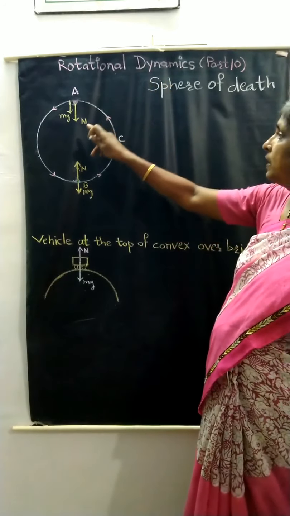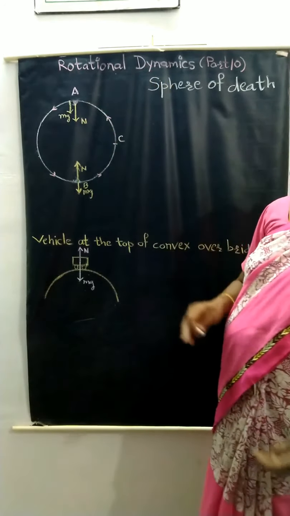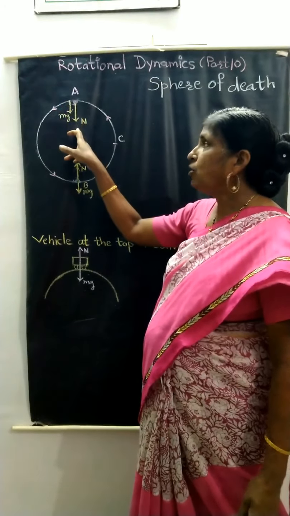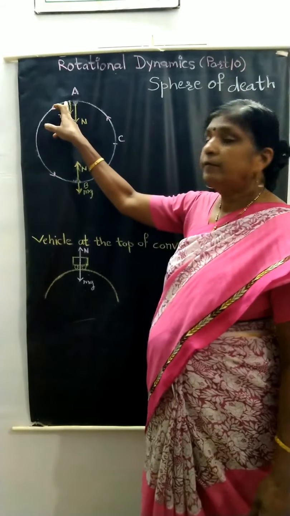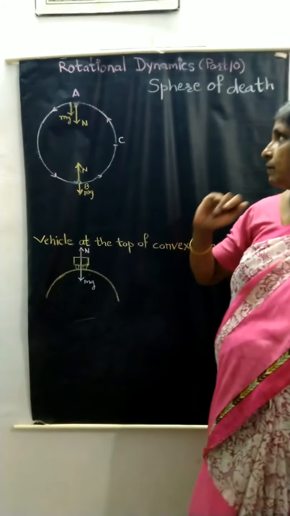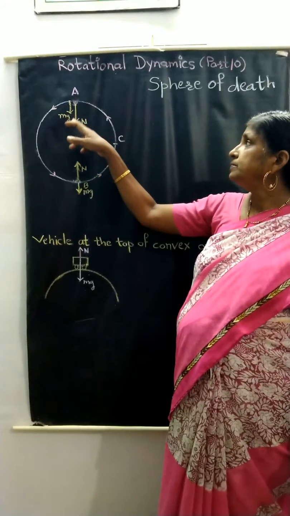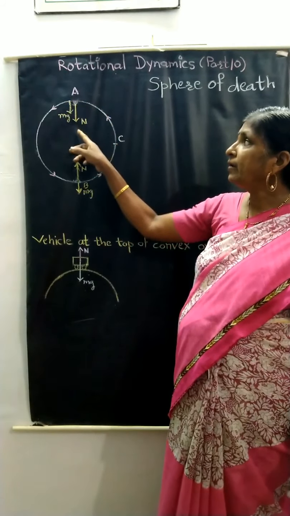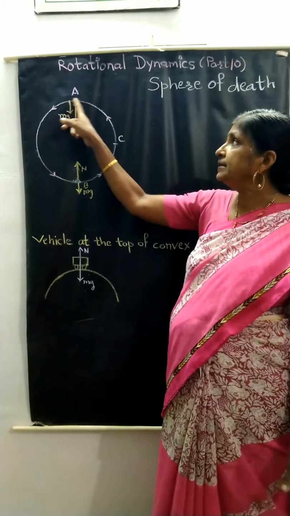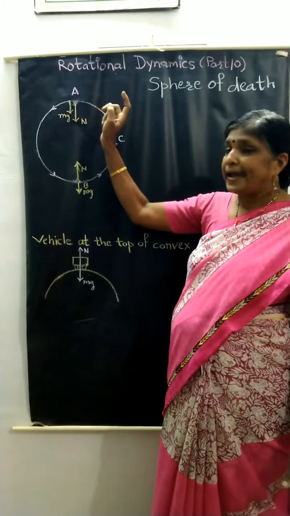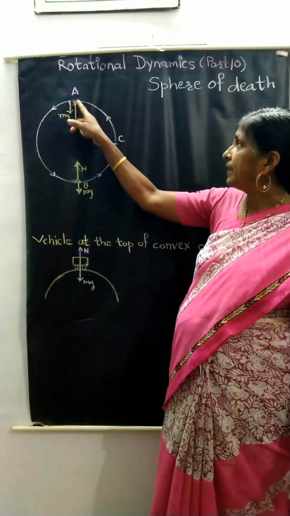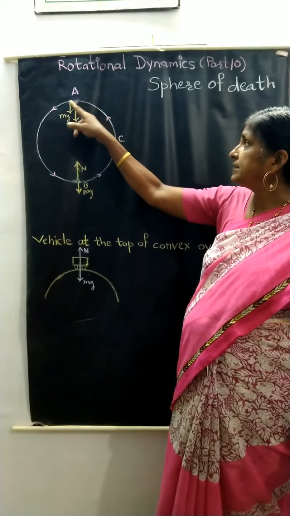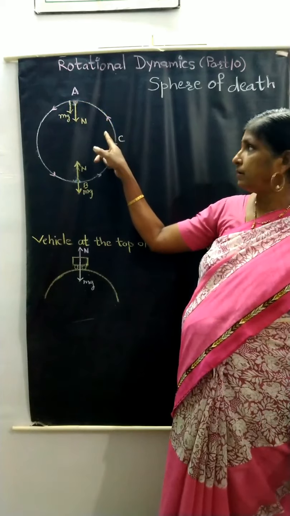We have here the different forces acting on the rider, as N the normal reaction and weight mg of the bike rider. Here the normal reaction always acts perpendicular to the surface of contact. The bike rider is in contact with the inner surface of the sphere.